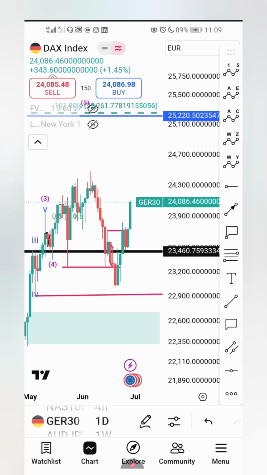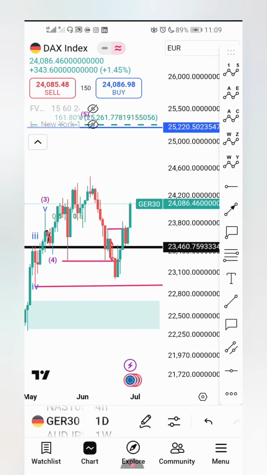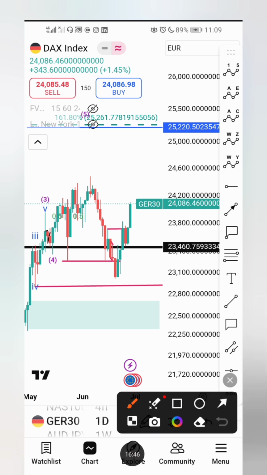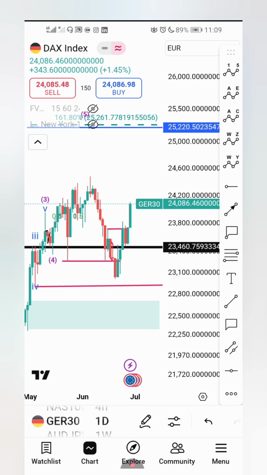Last week I wanted it to come down here and clear liquidity, but it chose to stop at this price and start going up. You understand? I bought it here and I sold it here, and I bought again.